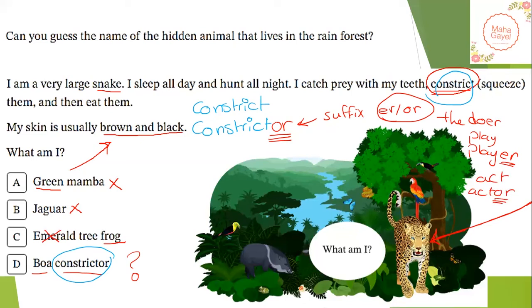It means the person who does the verb. So constrictor means something which does the verb constrict. This must be the correct answer. This is the way how we think.